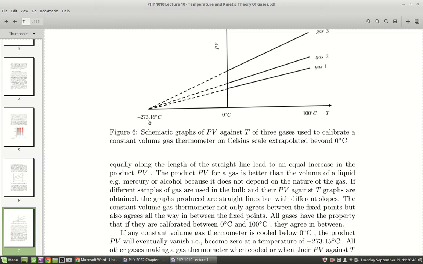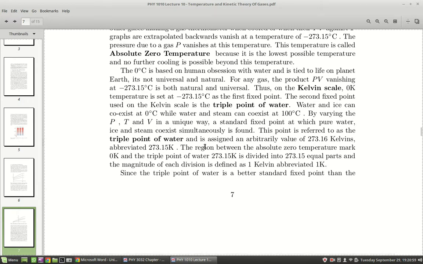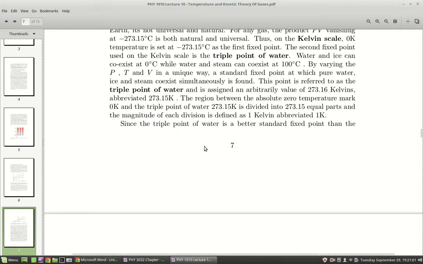How exactly that is done, I am not really sure. I don't have the expertise to explain that. So each of those divisions becomes equal to 1 Kelvin. And basically that's how the Kelvin scale works. So you divide the space between the minus 273 and the 0 into 273.15 points.